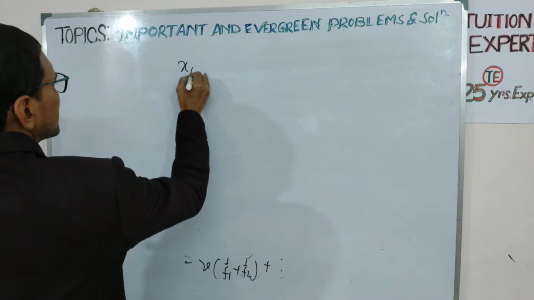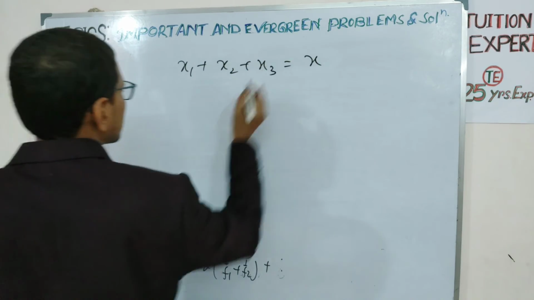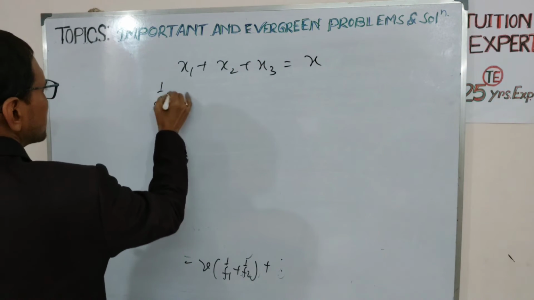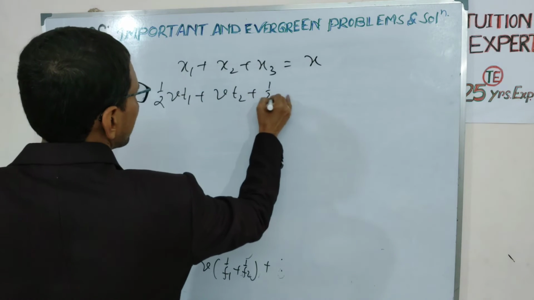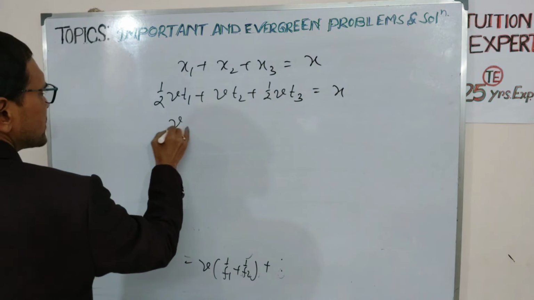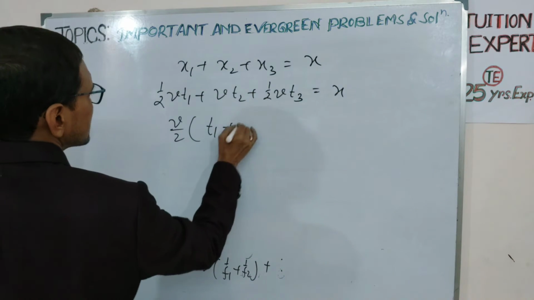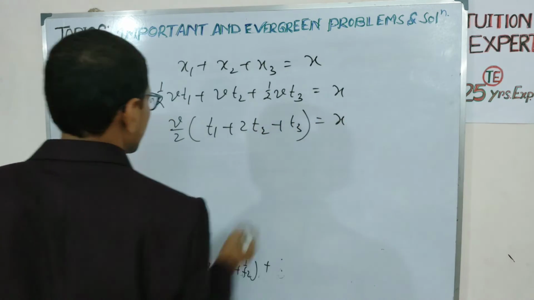Now we know x1 plus x2 plus x3 equals x. So half v t1 plus v t2 plus half v t3 equals x. Taking v by 2 common, we get t1 plus 2t2 plus t3 equals x.